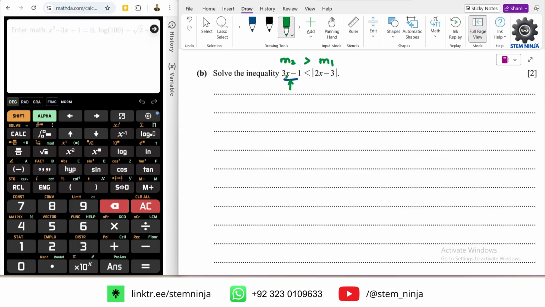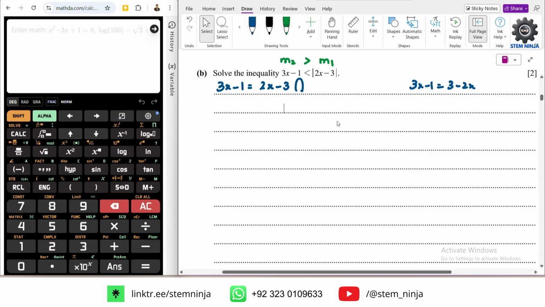So for this case, we have to split them apart. So you will have a portion like solving this equation, and 3x minus 1 equals 3 minus 2x separately. However, they're bound by different conditions.